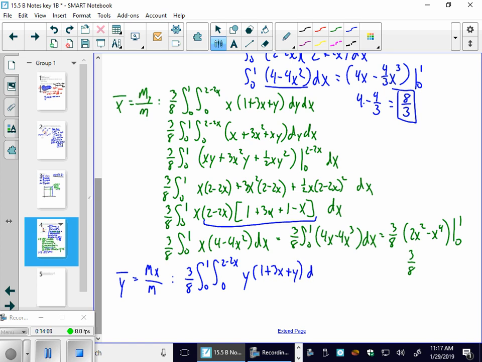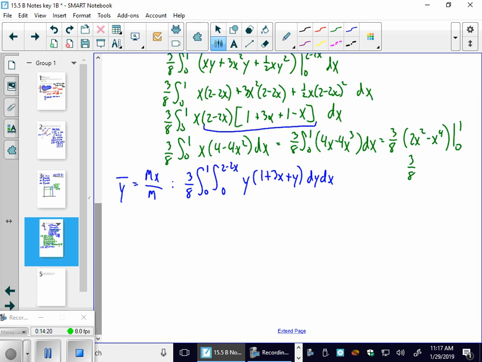What I will tell you is that this one does not work out with a nice little trick towards the end. It's long and algebraically messy. So just warning you there. As a matter of fact, we're not going to go through the entire thing, but you do know the answer is supposed to be 11/16.